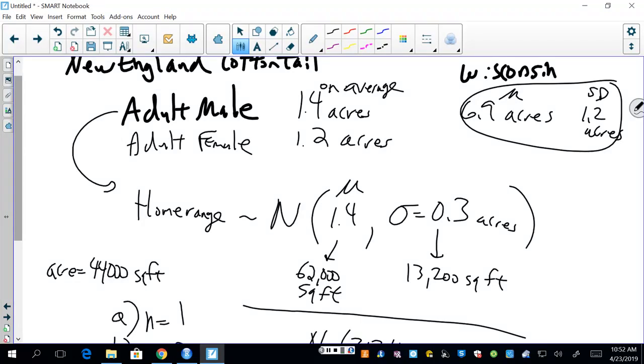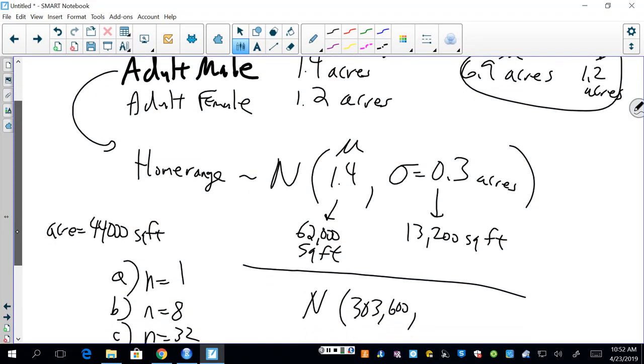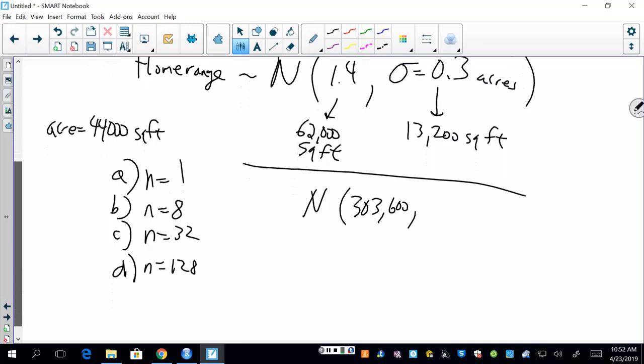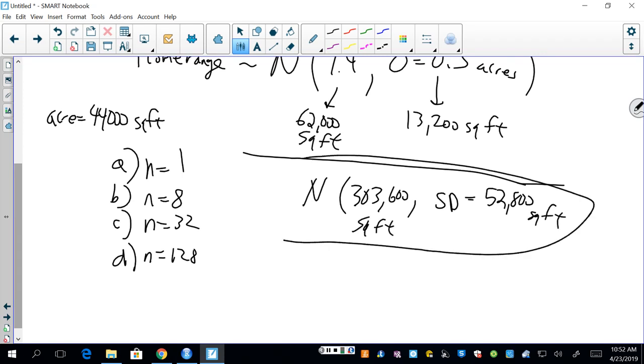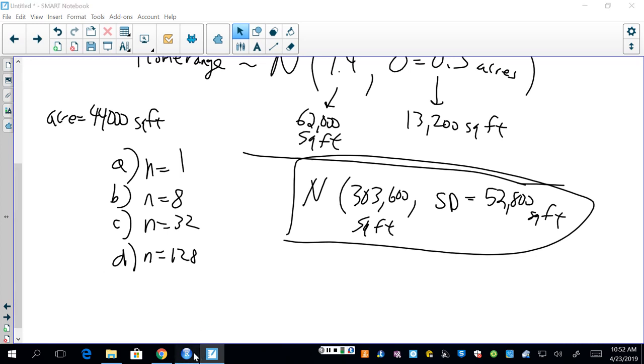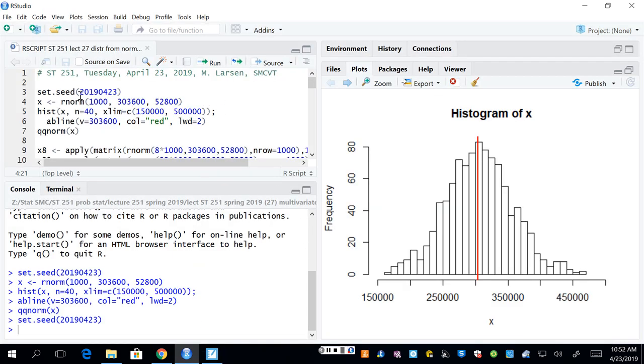I switched to that one, so that's the one I simulated. Put in the code. The standard deviation is 52,800 square feet. So these numbers are going to be bigger. So that's the individuals that are simulated with n equals 1. So that's corrected.